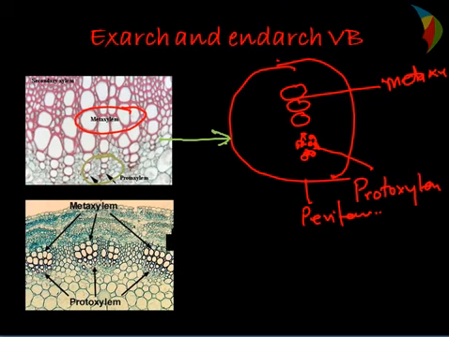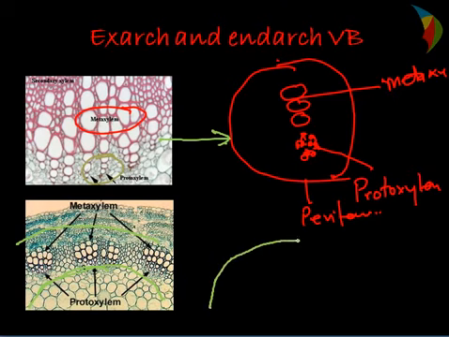In the endarched type, we have the protoxylem towards the center. This is the center part, and you have protoxylem in the center and a metaxylem which covers the outer part.